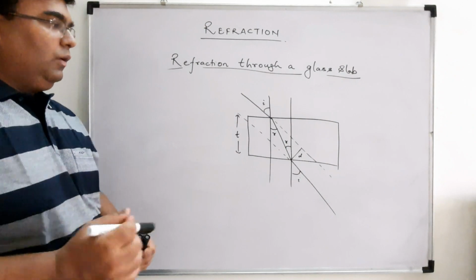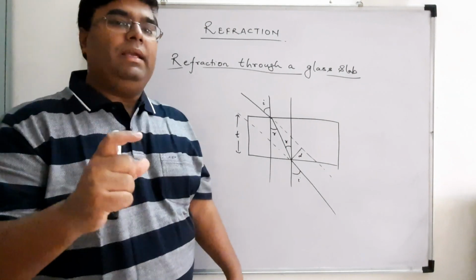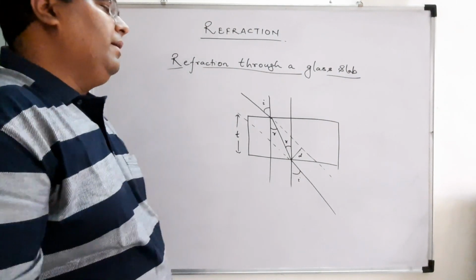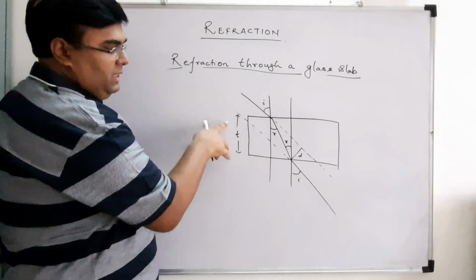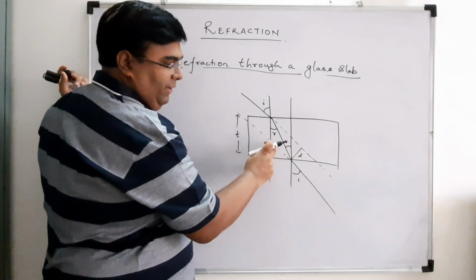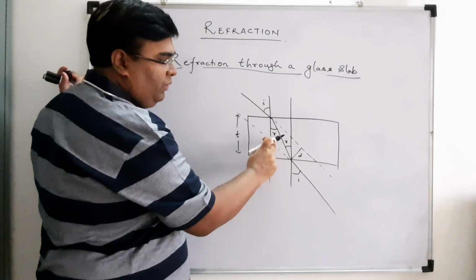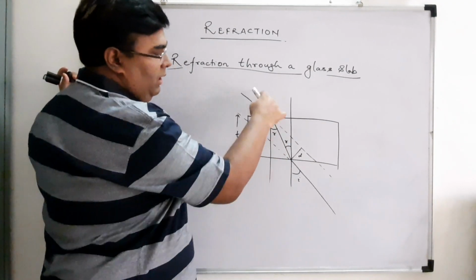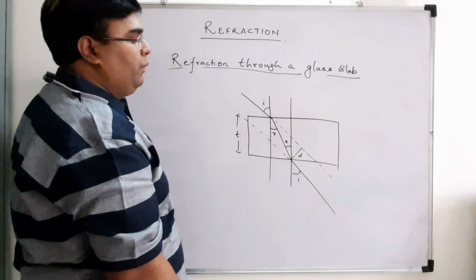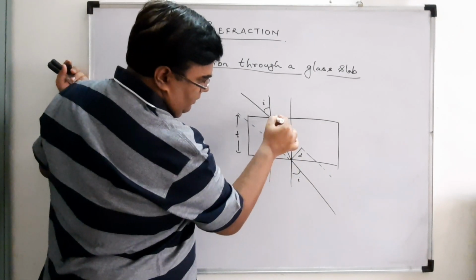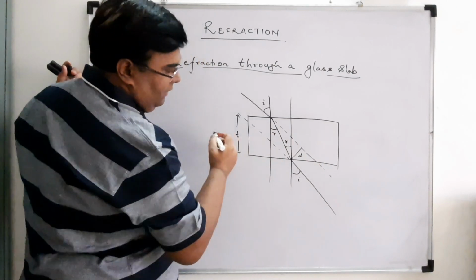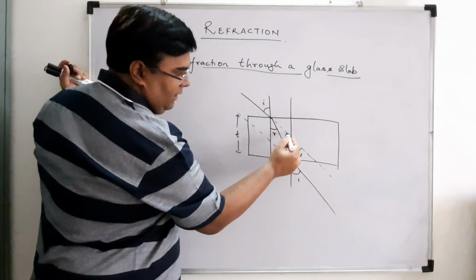Now let us calculate how much my lateral displacement is. Okay, so I have again made the graph. This thickness is T and I have taken this R. Earlier I have proved that these two angles are equal and these two angles are also equal. So now look at this triangle, or you can say first look at this angle.